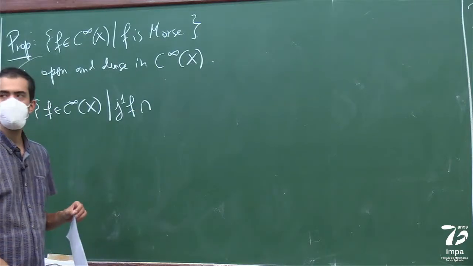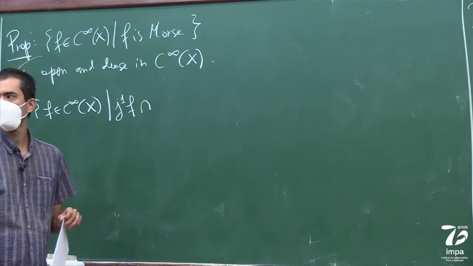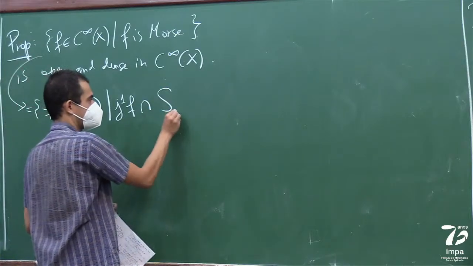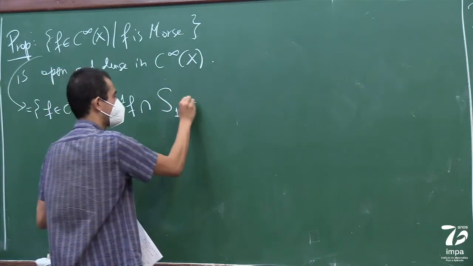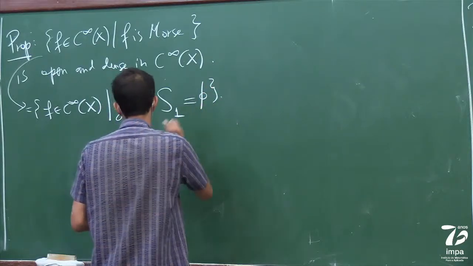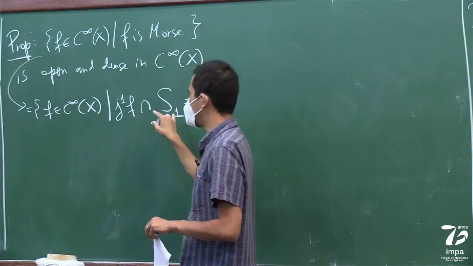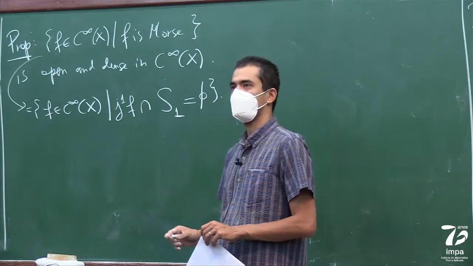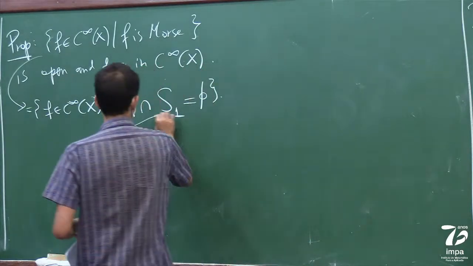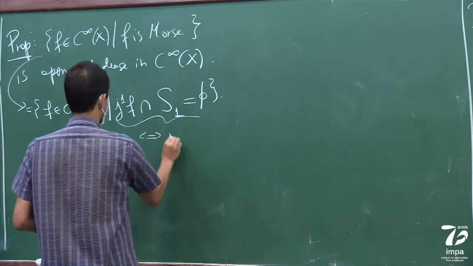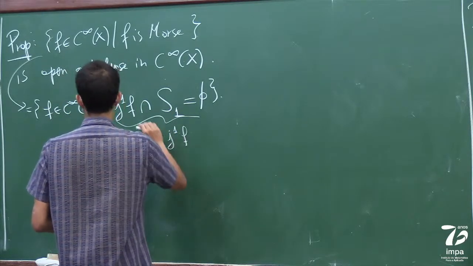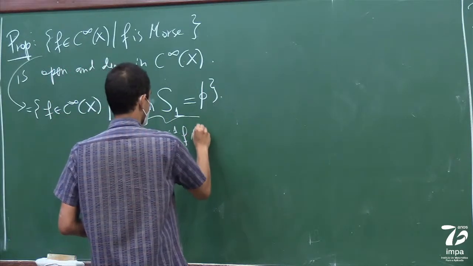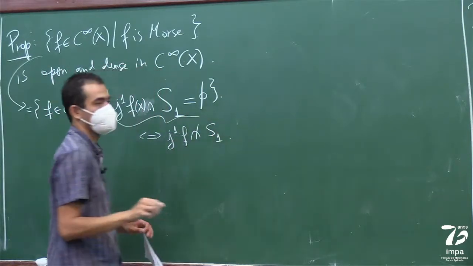Did I call it S1? S1, right? Like this? Yeah. And because of dimension conditions, not intersecting is the same as intersecting transversely. So this is the same as the one jet intersecting S1 transversely. Okay.